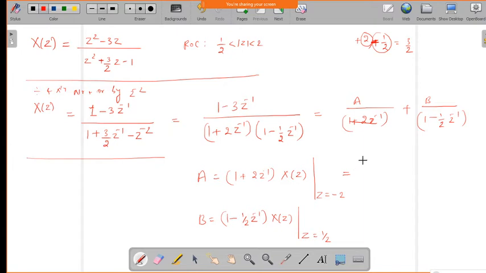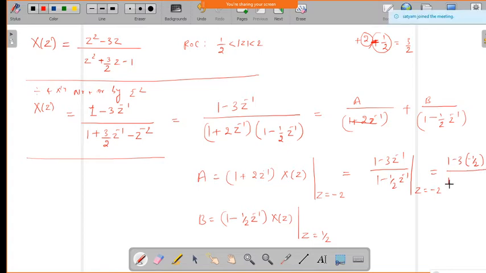You will get the value of a as follows: 1 minus 3 z inverse, where the common factor cancels, divided by 1 minus half into z inverse at z equal to minus 2. Putting z equal to minus 2, you get 1 minus 3 into minus half, divided by 1 minus half into minus half.